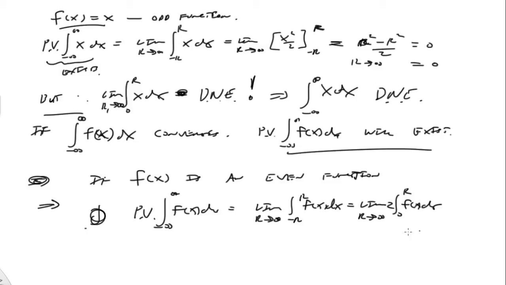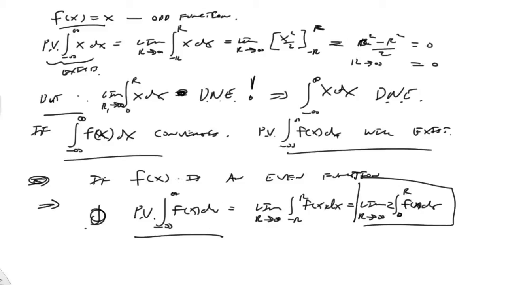In which case, this and its cousin going into the negative direction are identical. So in that case, the principal value, if its limit exists, will actually equal the convergent actual improper integral. So for even functions, the principal value is a really nice tool.